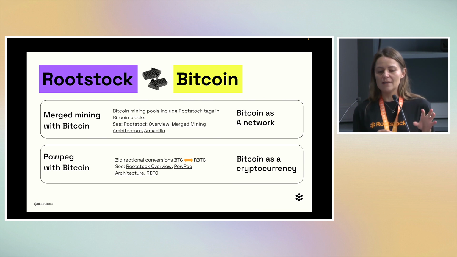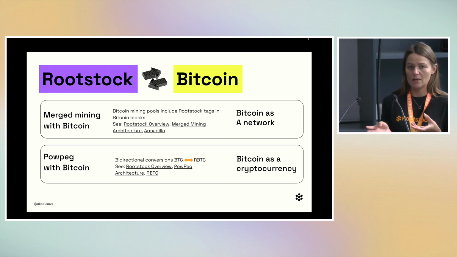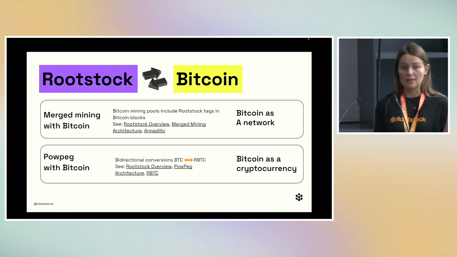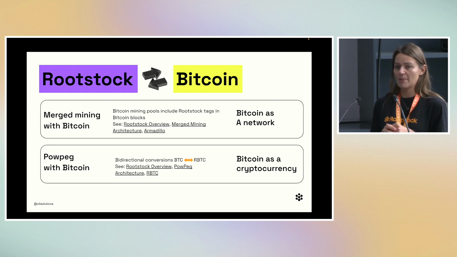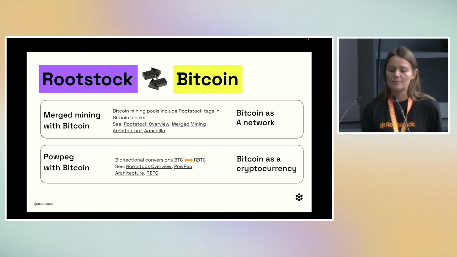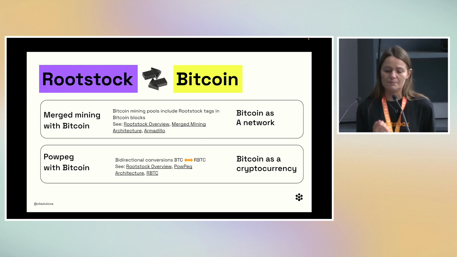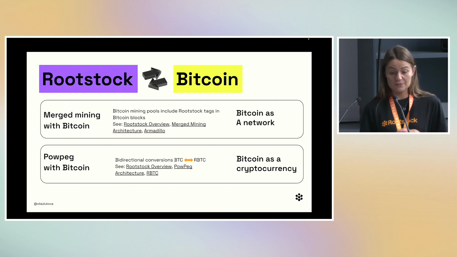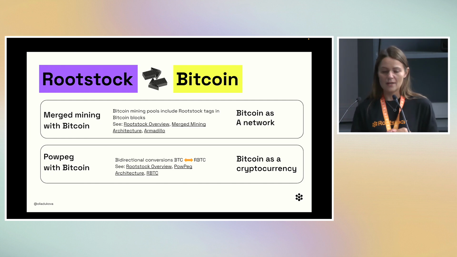The other way we can describe Rootstock's connection to the Bitcoin network is also through the cryptocurrency. Rootstock is not subsidized. We do not have a separate token. So the gas fees on Rootstock networks are paid in RBTC, which stands for Smart BTC. You can think about it as a wrapped version of BTC. The bridge used for that is called PowPeg, so proof of work peg.